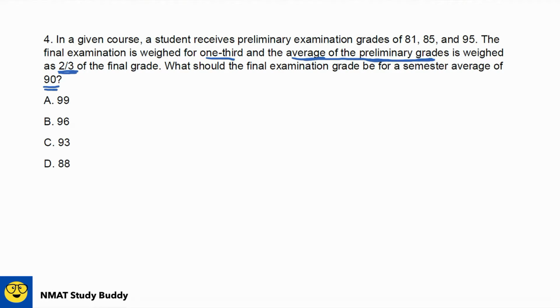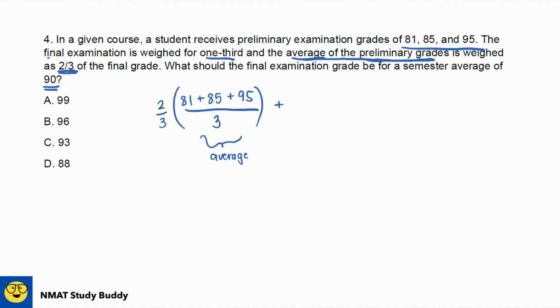To get the average, we need to add the preliminary exam grades. So, 81 plus 85 plus 95. And then, we will divide it by 3, because there are three scores, so we get the average. And then, since we now have the average of the preliminary exam grades, we multiply it by its weight in the final grade, which is 2/3, plus the final exam grade.